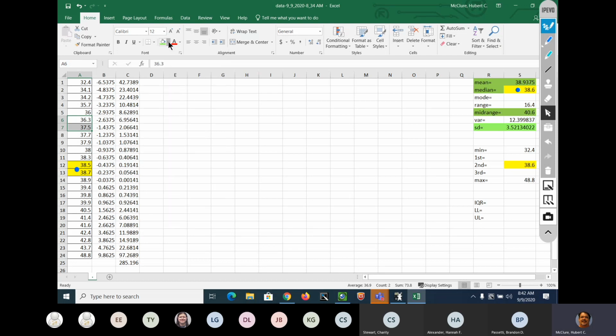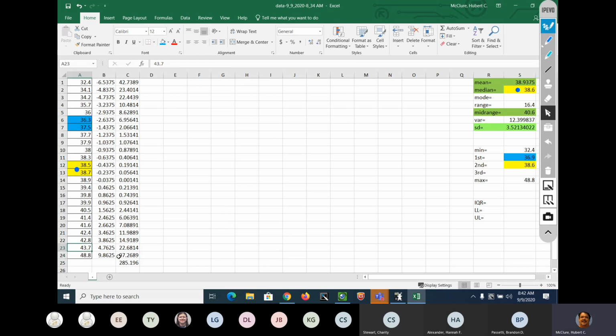And I'm going to highlight those, maybe a bluish color. And that's going to be that number right there. So equals, parentheses, this number plus this number divided by 2.